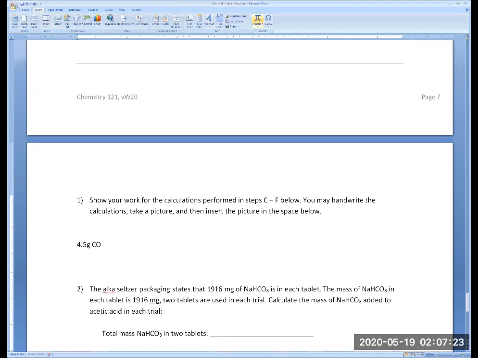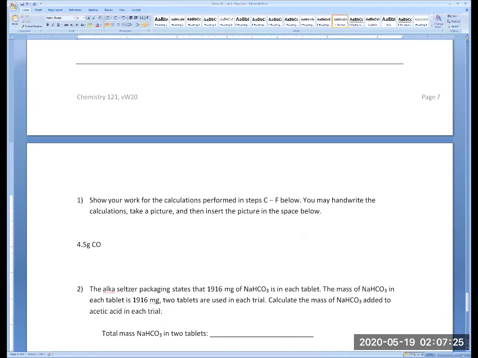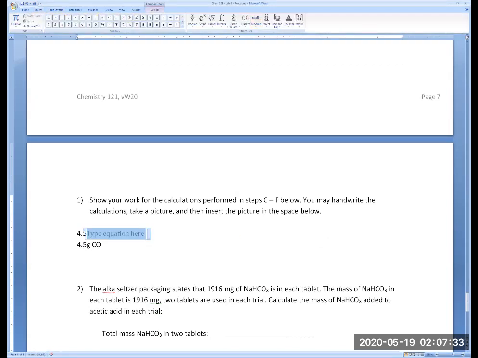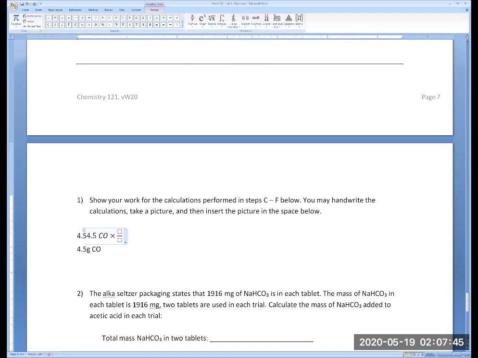I was going to show an equation here. 4.5, no, it doesn't work. Oh, okay, right, you can do that, and that will allow you to show it in the proper format, where you use those times, and then the conversion factors will be shown as ratios like that.